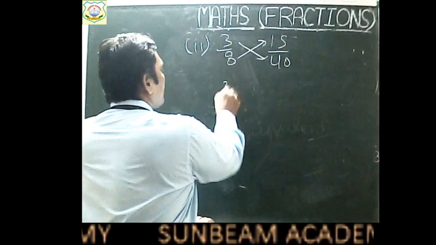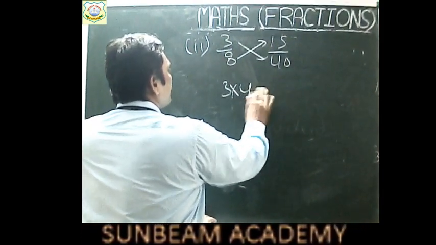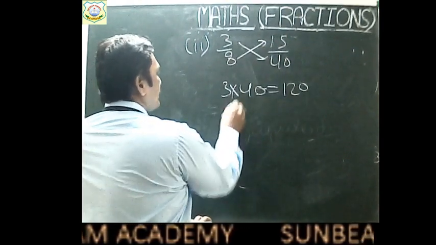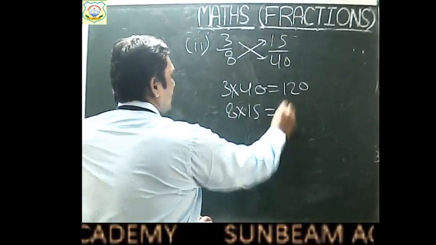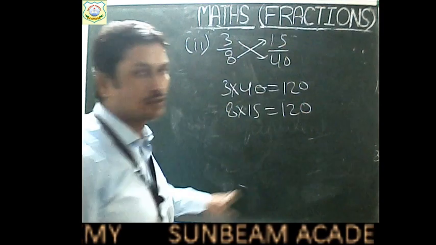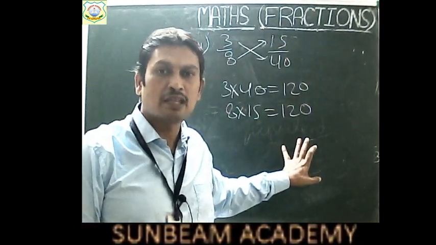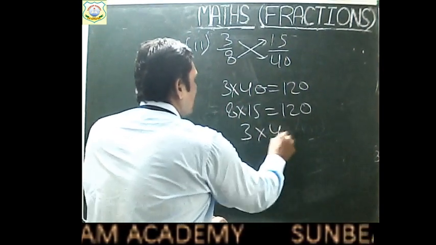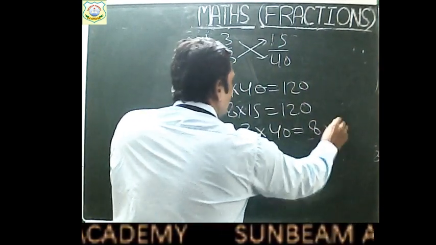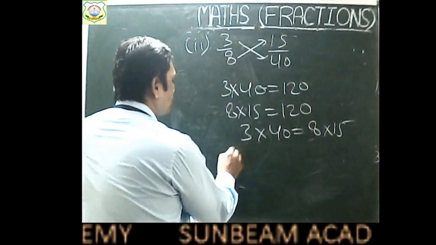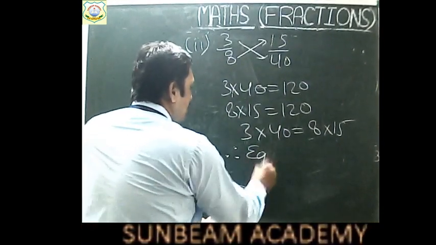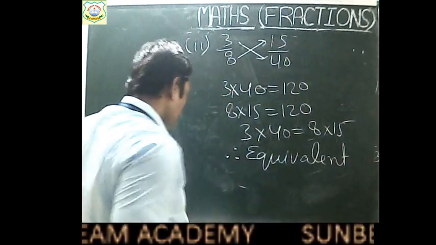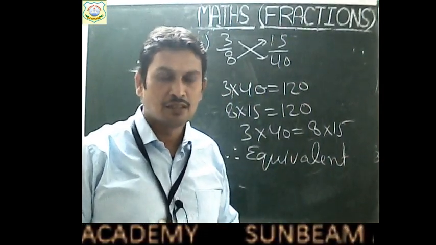So children, 3 into 40 is equal to 120 and 8 into 15 is again equal to 120, right children? So both the products are the same, equal. So we can say 3 into 40 is equal to 8 into 15. Both are equal. So the given fractions are equivalent. Clear? So this is the way.